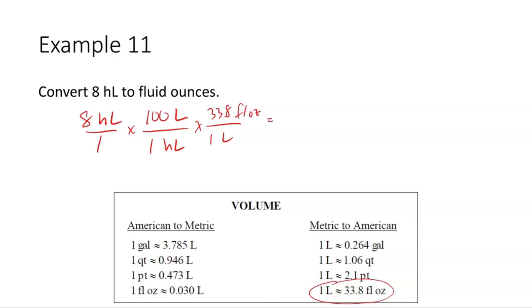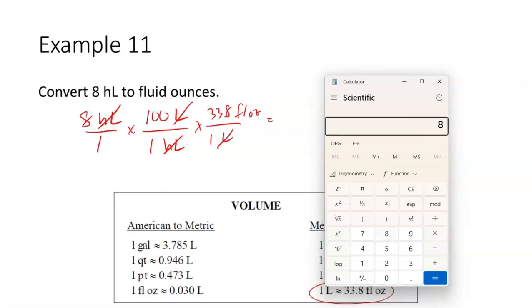So it looks like we want to do 8 times 100 times 33.8. Again, that gets rid of my other units, so I'm left with just fluid ounces. So I'll go 8 times 100 times 33.8. So 27,000 fluid ounces.